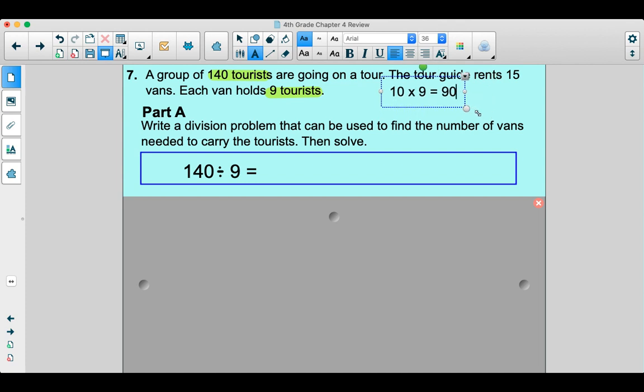Okay, we know that. And then from 90 to 140, we have 50 left, right? So let's think. What could we do? How about, what's 5 times 9? Let's see. 5 times 9 is 45.